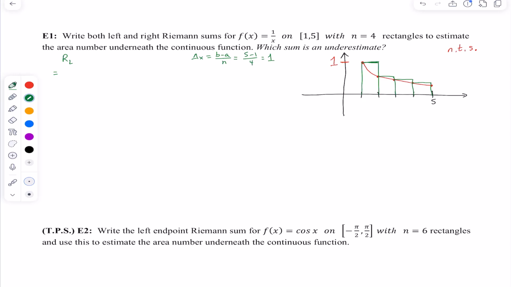Now all we're doing is adding up many rectangles. So if we look at the function height as the length, and we could see the delta x is our width. So the delta x is the width of a rectangle, and the height here is the function height. So we're going to do length times width many, many times. And we know we have 4 rectangles, so we should have 4 terms.